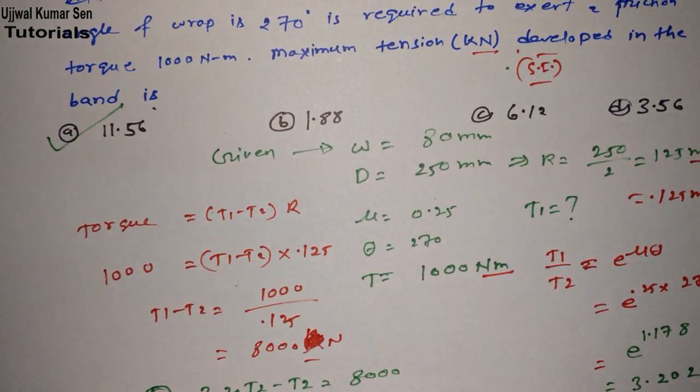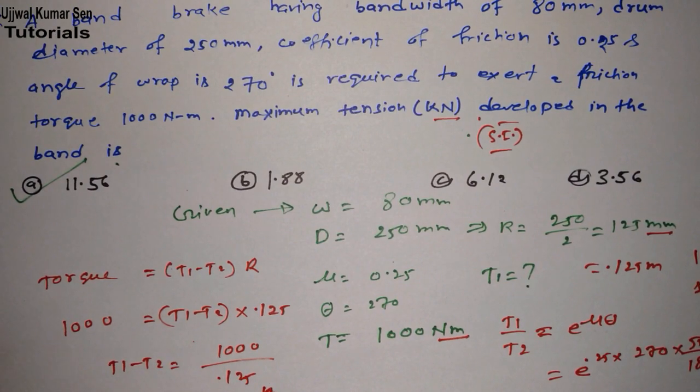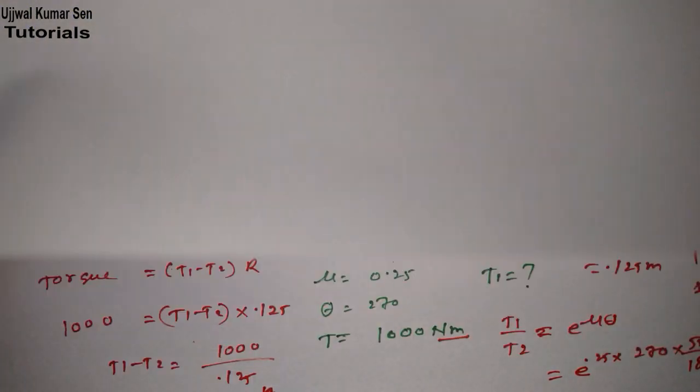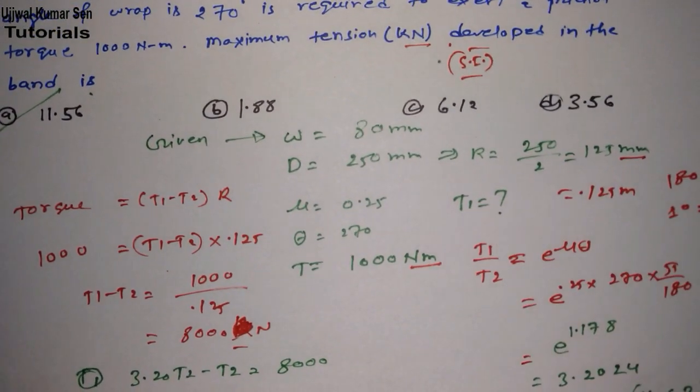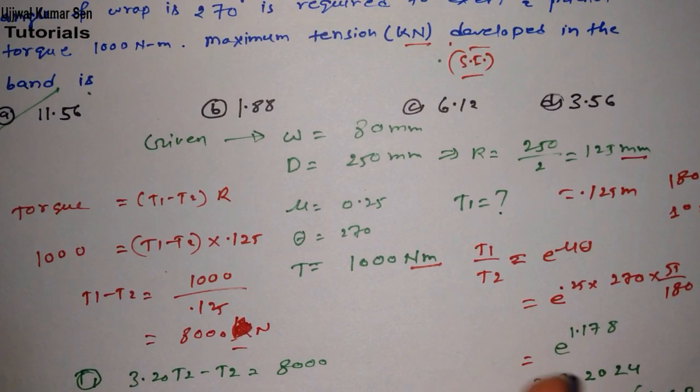Okay. So this is how you can solve questions related to band brake. Now I hope you have understood all this, because it has taken a long time, and of course we have implemented two formulas.